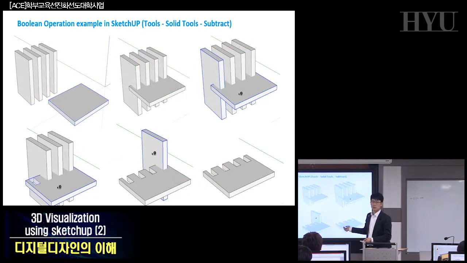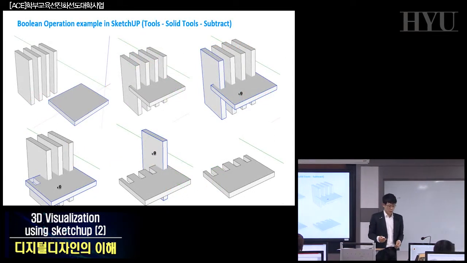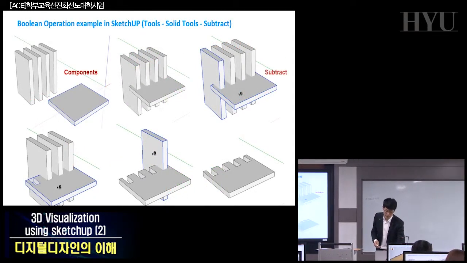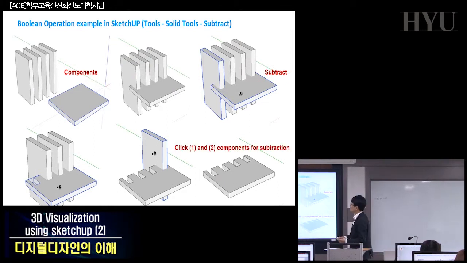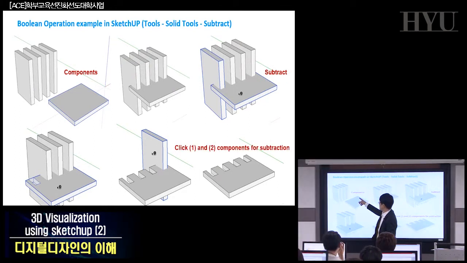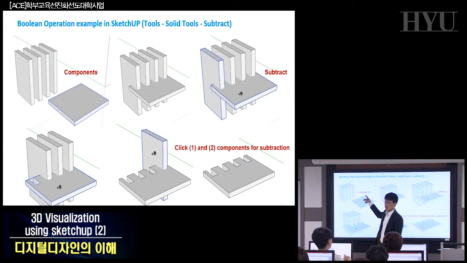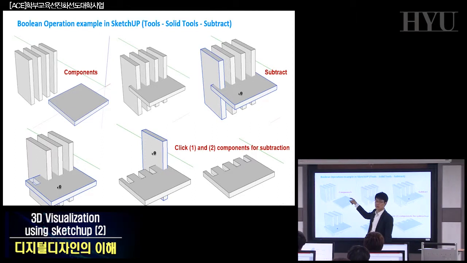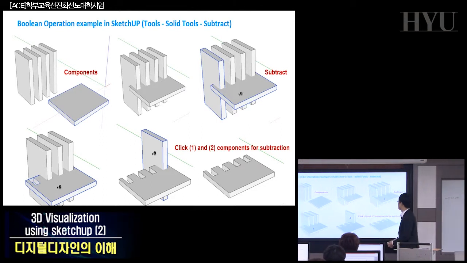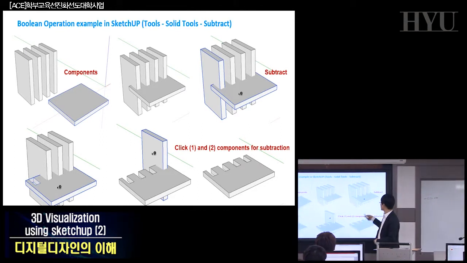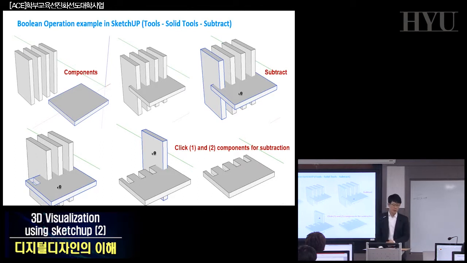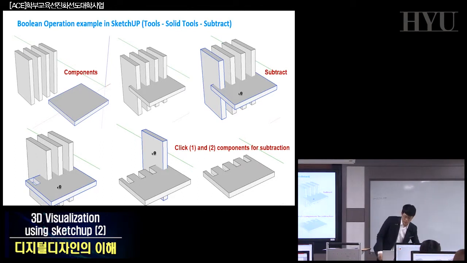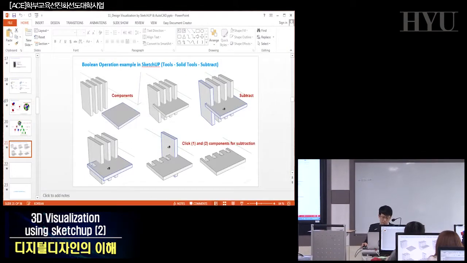Here is an example, and let me show you what that is. We need to make our own geometric shapes in 3D and make them all components. You have to make them components, so as not to lose some sub-geometry, and subtract them. This is very useful, and let's try to make this.